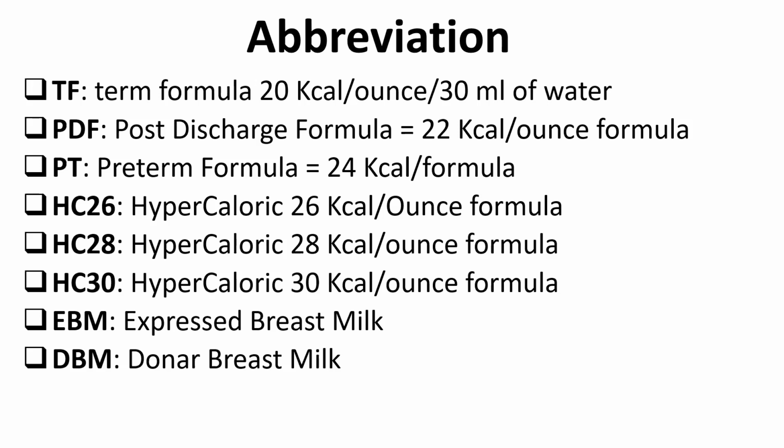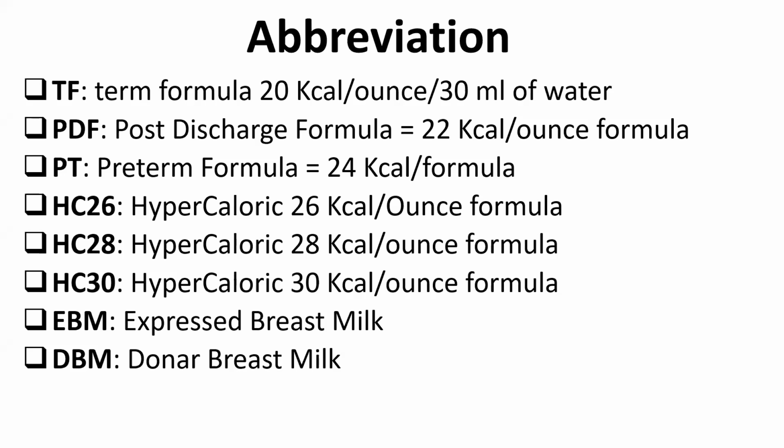So if we divide 20, if you want to practice with me, do you have a calculator? Can you open your mobile and open your calculator, please? Everybody? Okay. So divide 20 by 30, or 2 divided by 3.